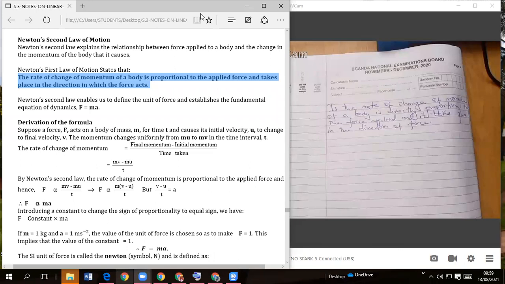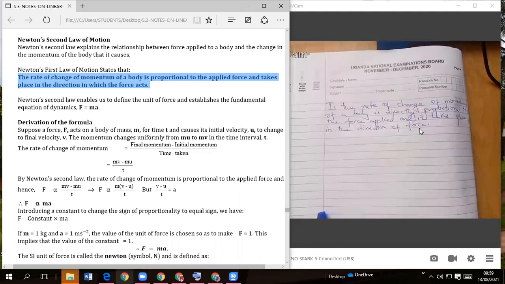It states that the rate of change of momentum of a body is directly proportional to the force applied, and it takes place in the direction of force. Good. Thank you, Sandra.